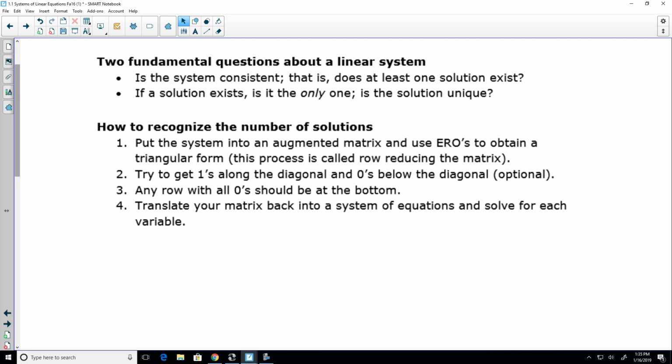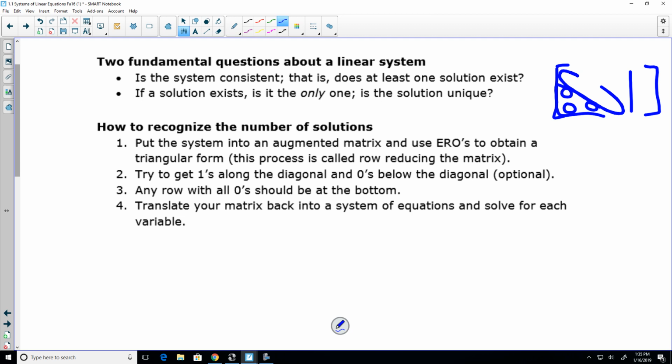Okay. So how do you recognize the number of solutions? If you put the system in an augmented matrix and use the elementary row operations to obtain a triangular form, you guys remember triangular form? So the triangular form looks like this. I'll just use a 3 by 3 for example. You get these 3 zeros right here in this triangle below the main diagonal.